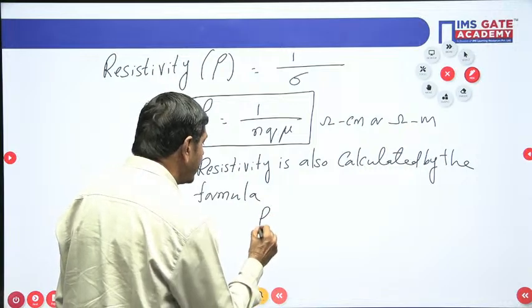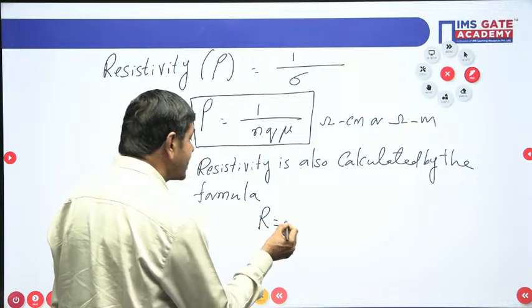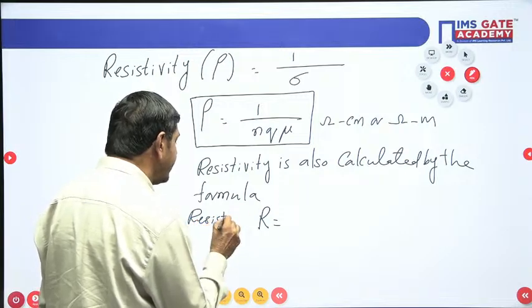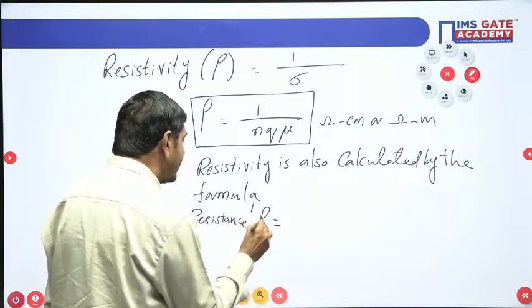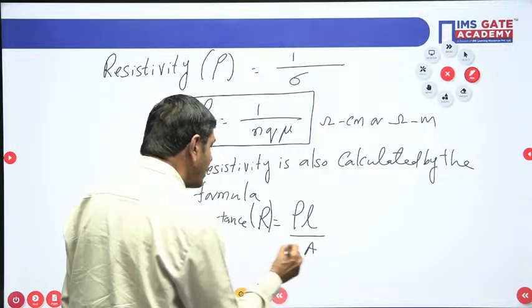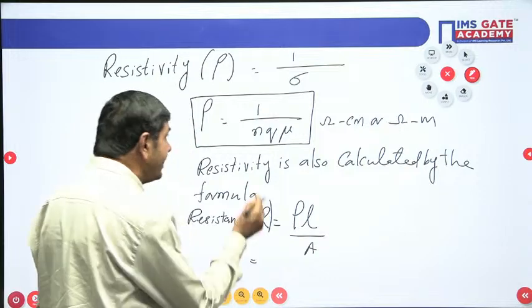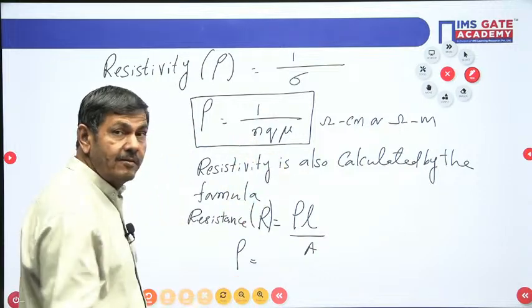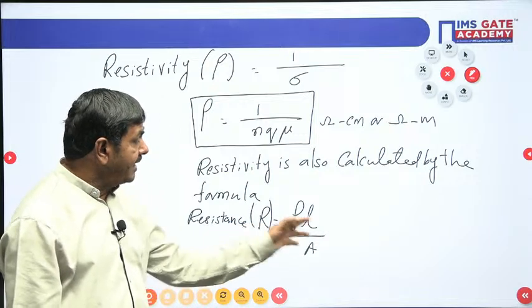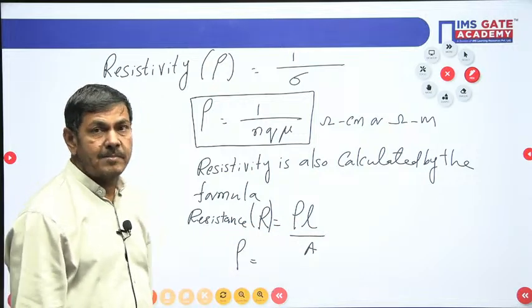The resistance R of the material equals rho L by A. Sometimes you will not be given N Q mu directly, but R, L and A values will be given in the problems.